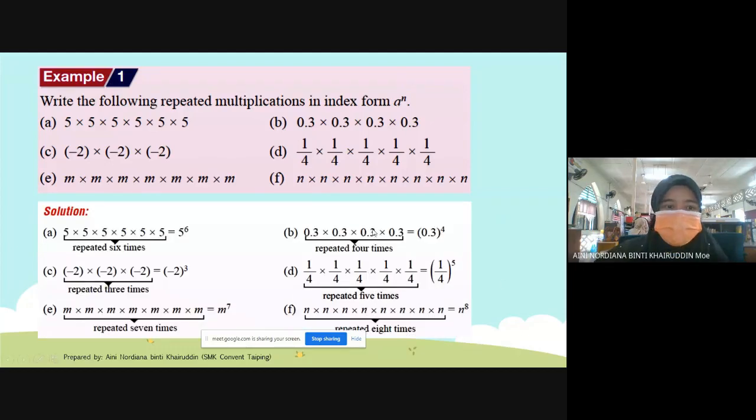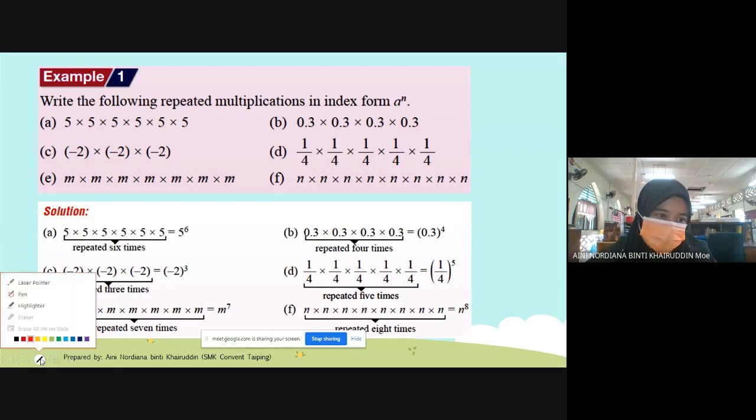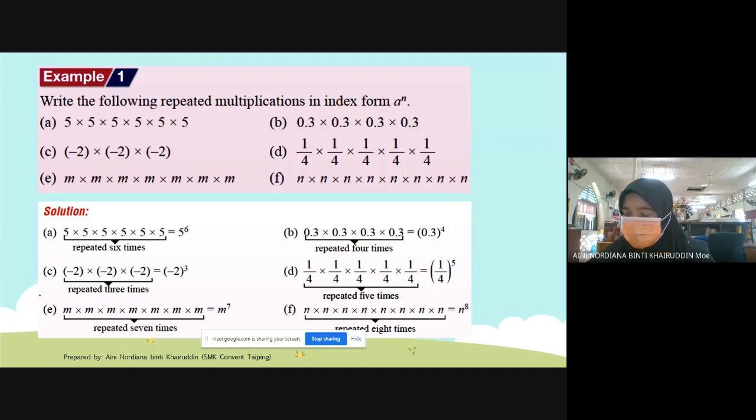This is the answer. I just want to remind you, if the number is a decimal or a negative number or a fraction, you have to write the bracket. Also for fraction. What happens if you do not write the bracket? Anyone? What happens if I write it like this?